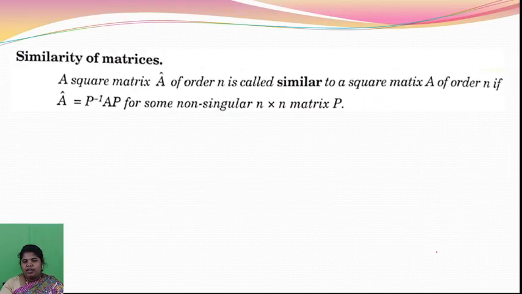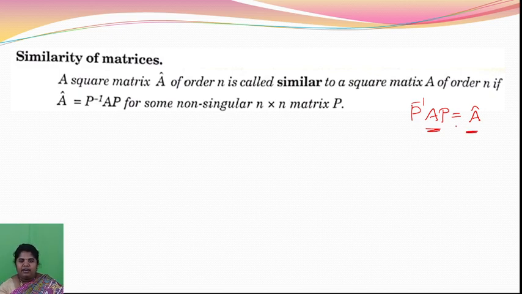Now similarity of matrices. A square matrix A cap of order n is called similar to a square matrix A of order n if P inverse AP equals A cap. If we find P inverse AP and obtain another square matrix A cap, then the matrices A and A cap are said to be similar.